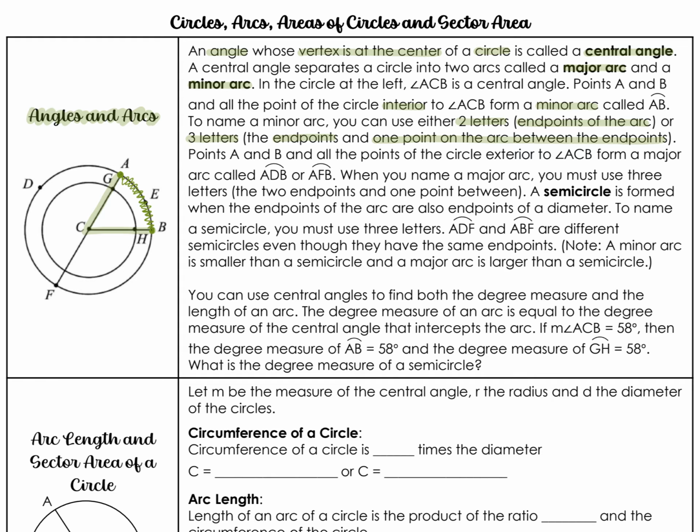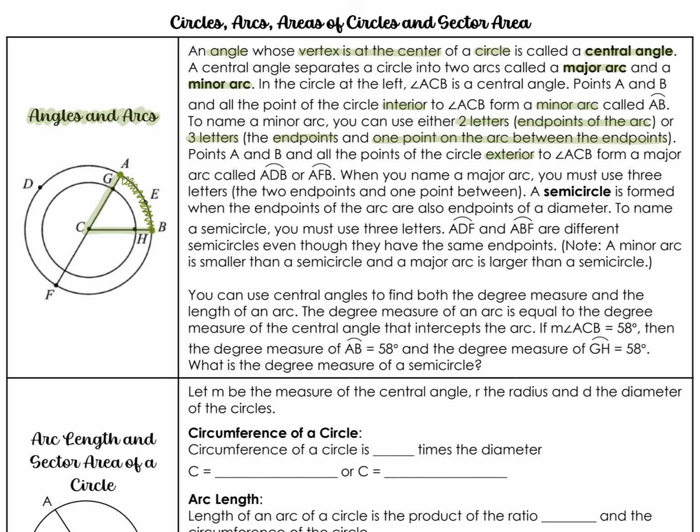We have points A and B, and all of the points on the exterior of that angle ACB are going to form our major arc. And you can call this major arc ADB or arc AFB.